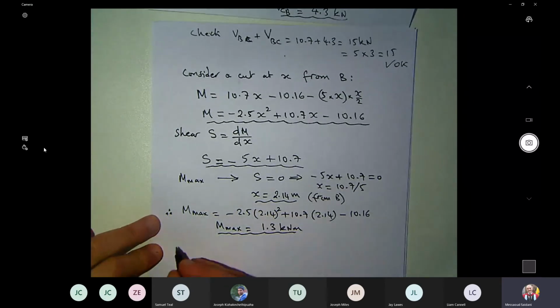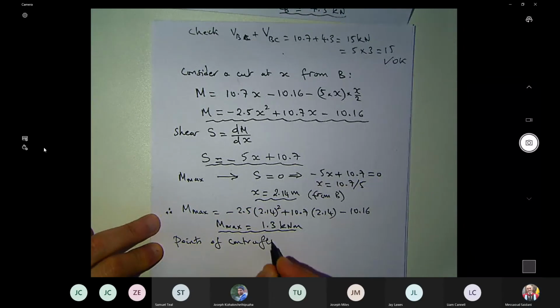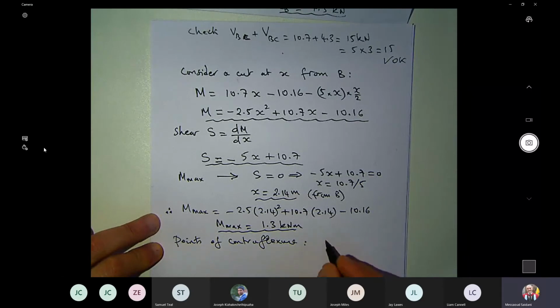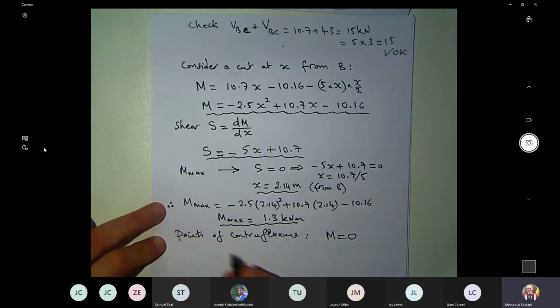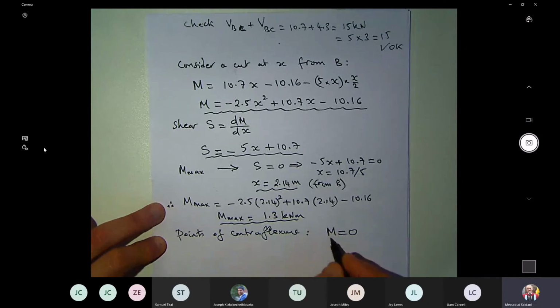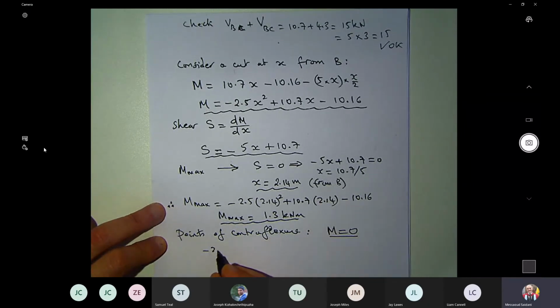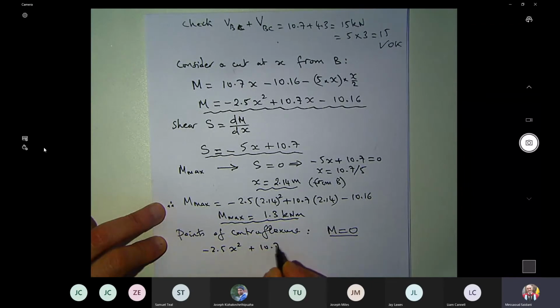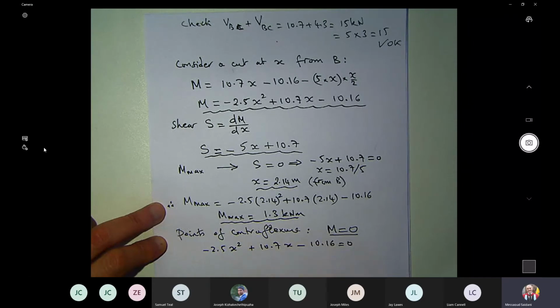For the points of contraflexion, we put M equal to 0. So we have minus 2.5 x squared plus 10.7 x minus 10.16 equals 0.